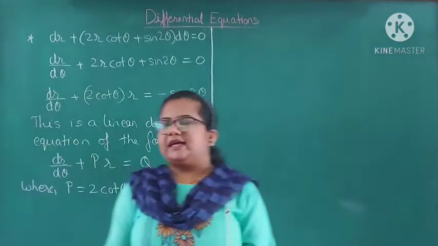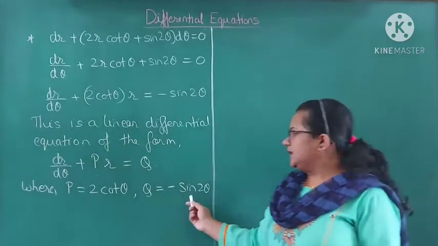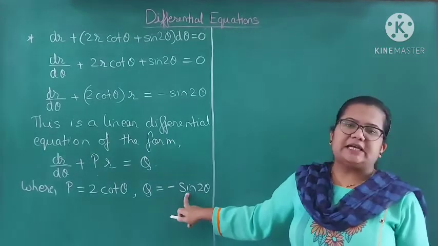Yes, so we get it in the linear differential equation form, where p is 2 cot theta and q is minus 2 sin 2 theta. Sorry, minus sin 2 theta.